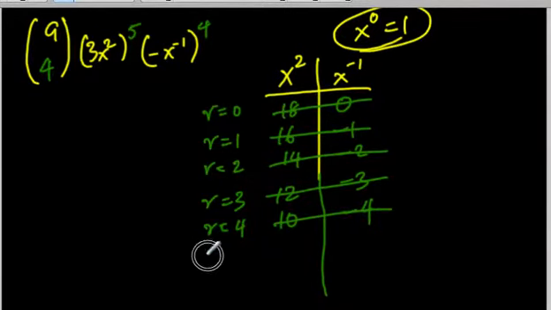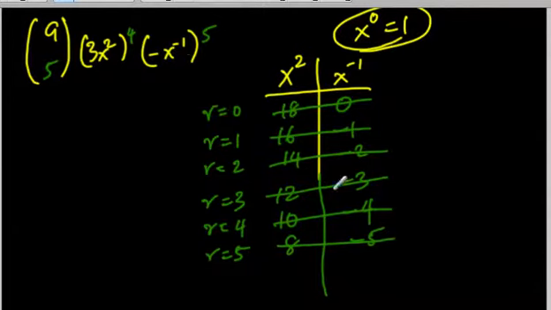Still, no go. Let's try r equals 5. So this is 5 here, that's 5 there, and then that's 4. So 2 times 4 is 8, and this is equal to negative 5. Again, 8 plus negative 5 is not 0, so no go.